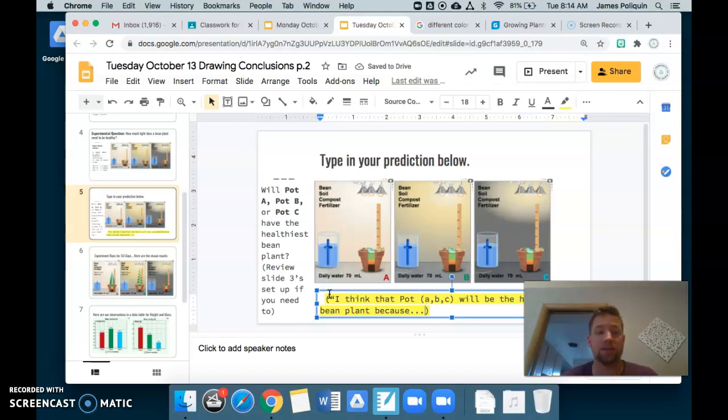Since our experiment is about sunlight, it should probably be about the amount of light that the bean plant is getting. Okay, I'm going to delete this and type our prediction, not answer. I should see your prediction for our experiment there.